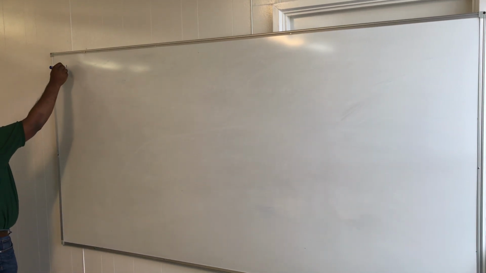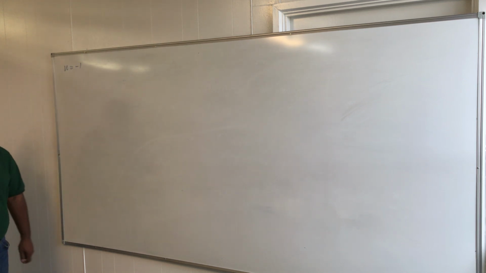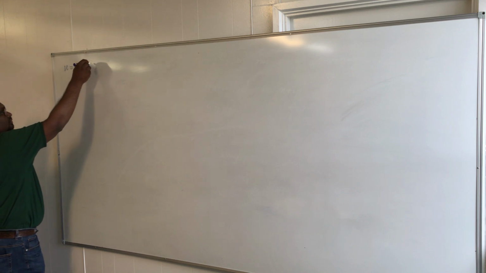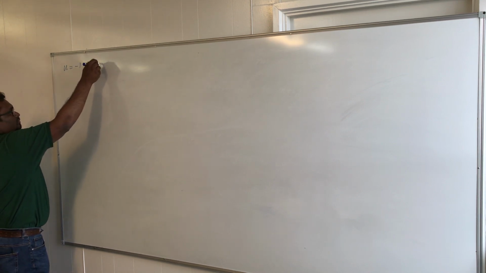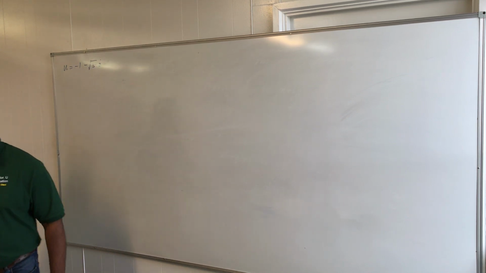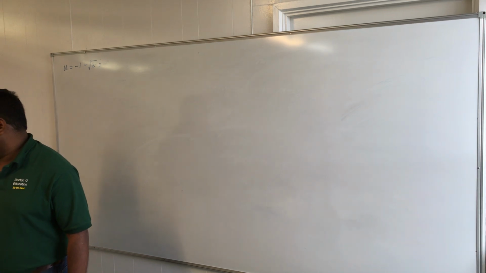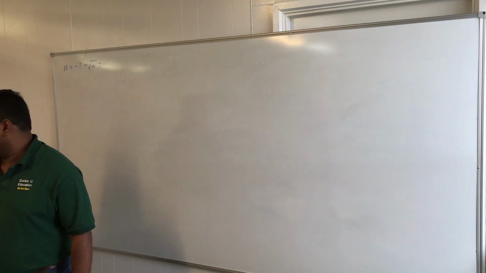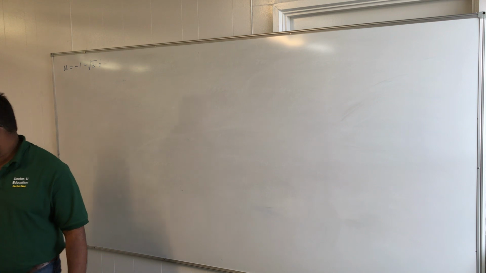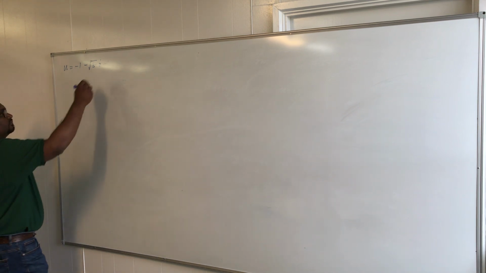Otherwise they wouldn't ask that question. That's not a Cartesian problem. You can't get it. You have to convert. So is that u bar? U bar, yeah. Put it over one.